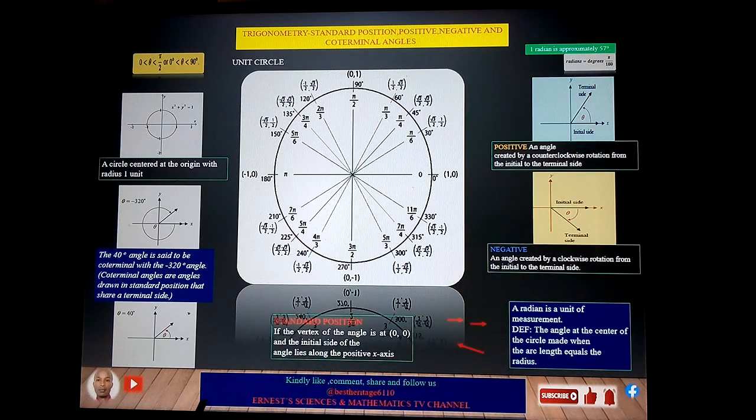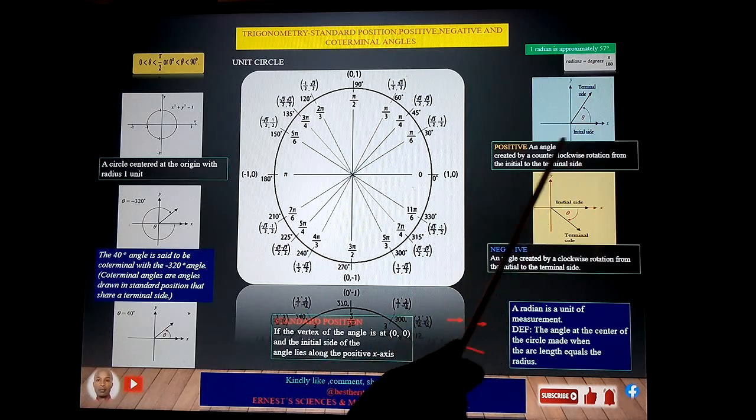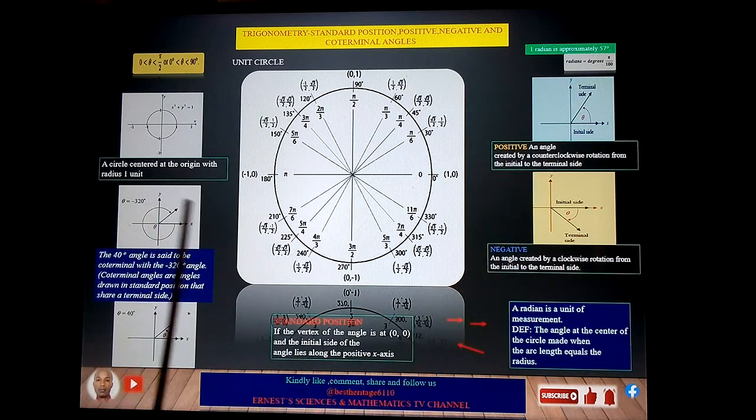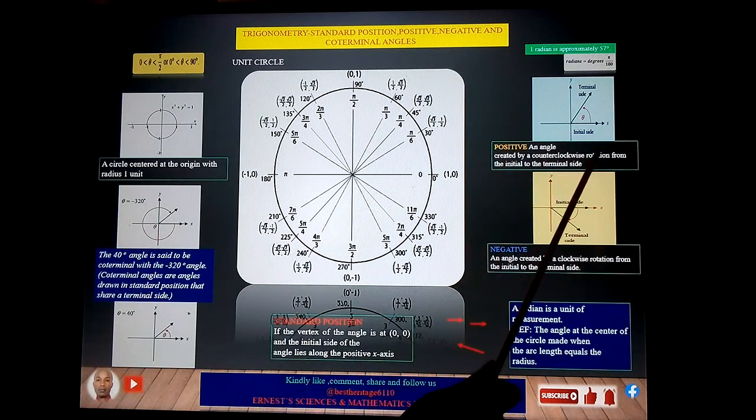For a positive angle, it's created by a counterclockwise rotation from the initial to the terminal side. So we can give angle theta as a positive angle, whereas an extension in the clockwise direction is referred to as a negative angle.